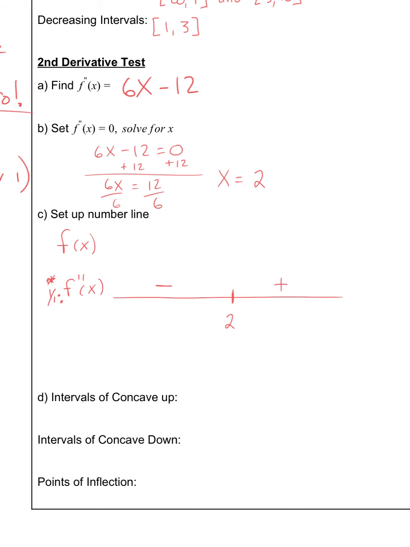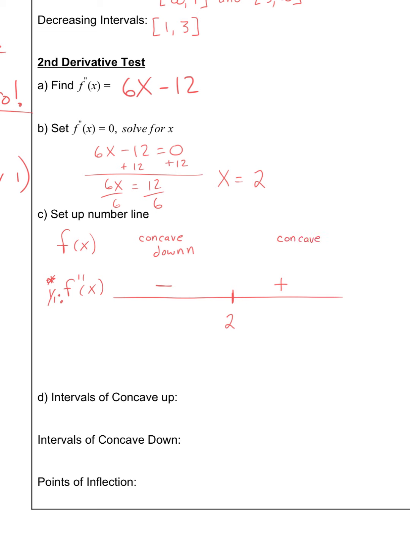The second derivative tells us about concavity. If our second derivative is negative, our original function is concave down. And if our second derivative is positive over an interval, our original function is concave up.